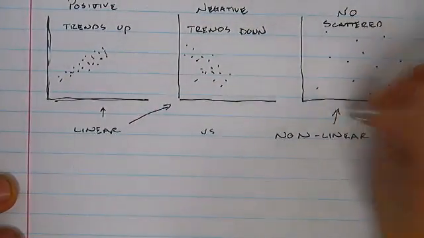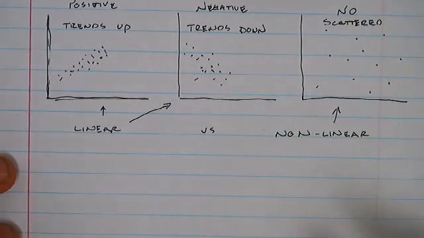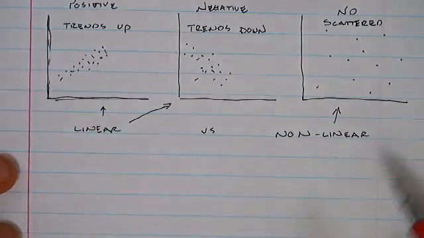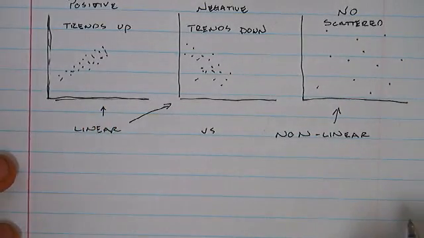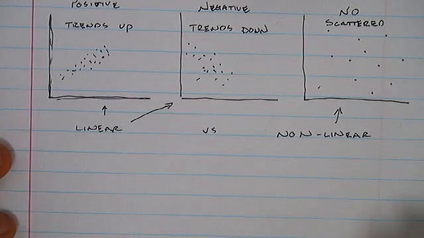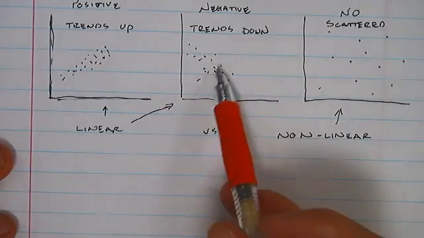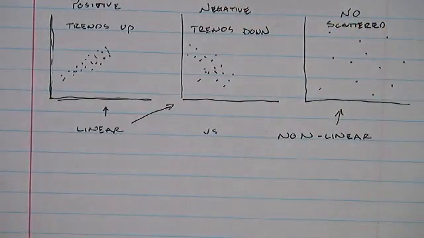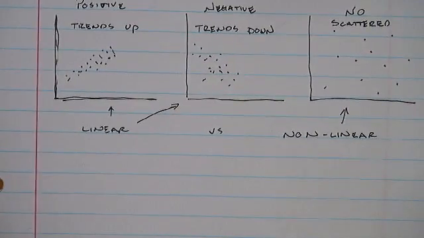This is nonlinear. They are not in a perfect line. They are in somewhat of a pattern, an upward pattern. They don't have to be in a straight line to be linear. So even this one is linear for us because it does trend down. There is a trend there.